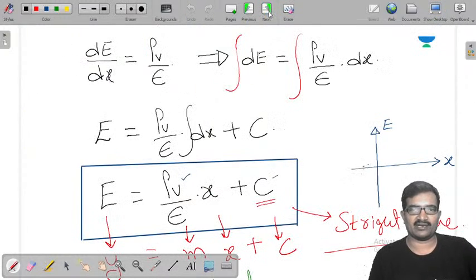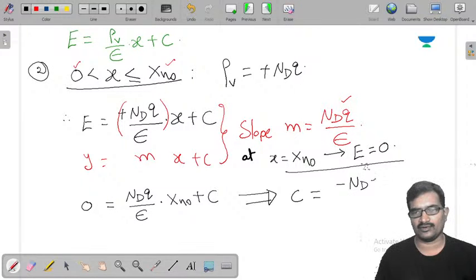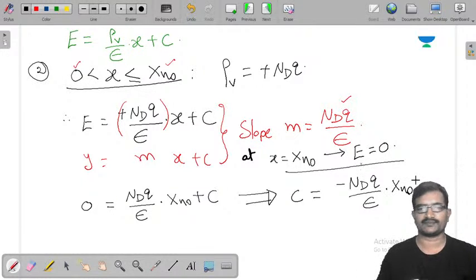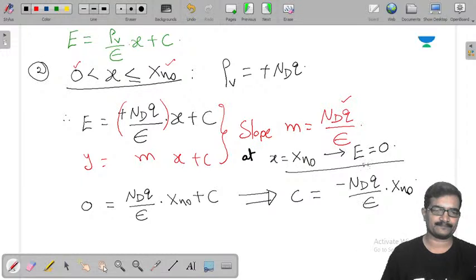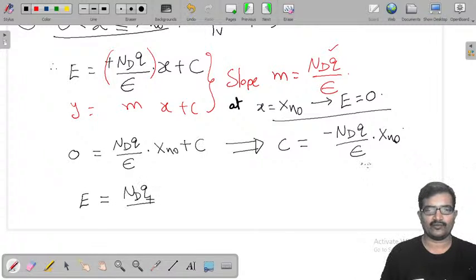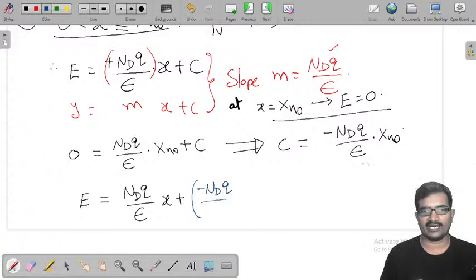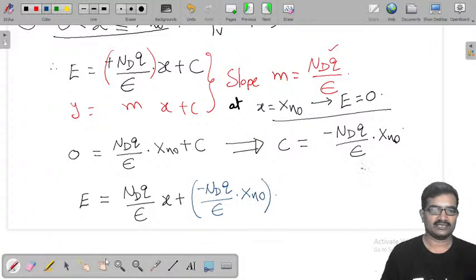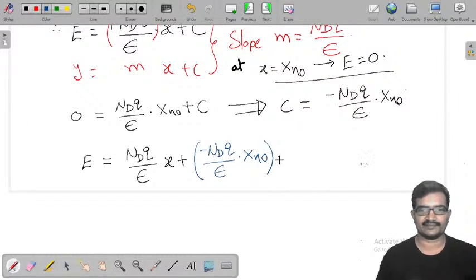Now I am going to derive the complete equation. Take this C value, minus Nd into q by epsilon into x n naught, and substitute here. Therefore, electric field is Nd into q by epsilon into x plus the C value. C is minus of Nd into q by epsilon into x n naught. Just substitute the values and simplify this equation.